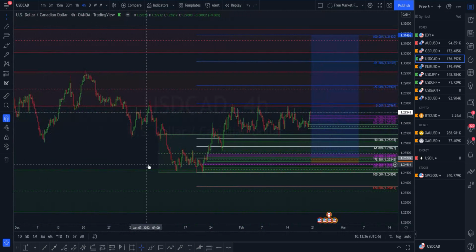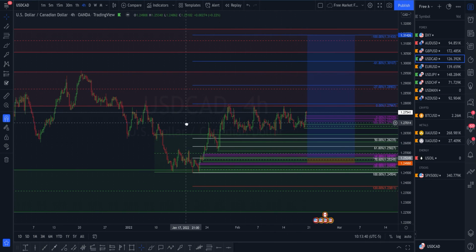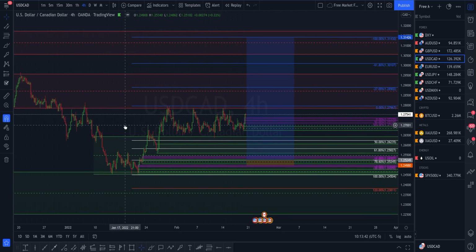All right, institutional bias is up. I'm going to go with this entry here, and let's take a look at some partial profits. Partial profits more than likely would be the high.